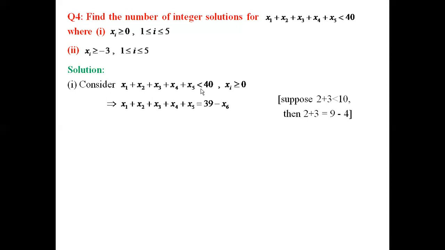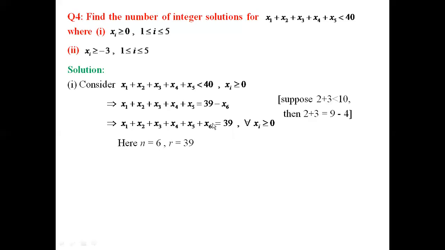In order to remove the inequality, we write this as 39 minus some non-negative integer x6. Taking x6 to the left hand side, we get the sum x1 plus x2 plus x3 etc. up to x6 is equal to 39. And this expression is true for all xi greater than or equal to 0, for each of the x values non-negative.